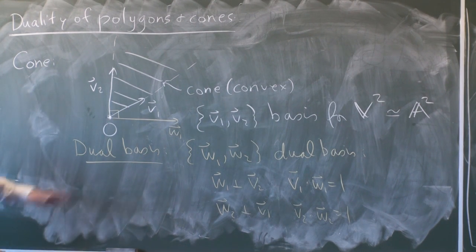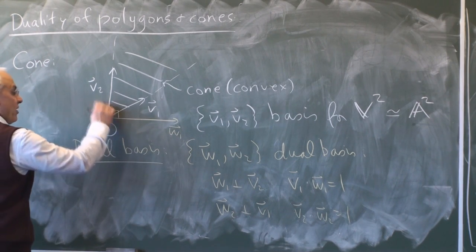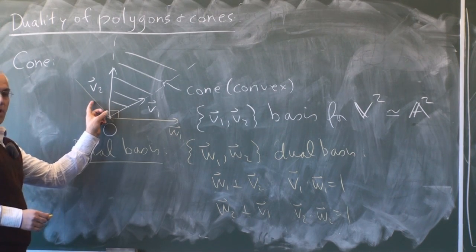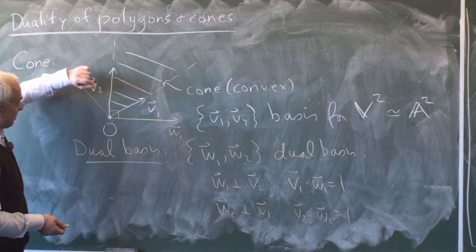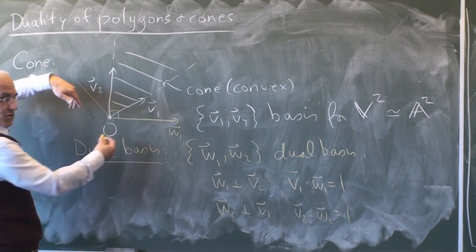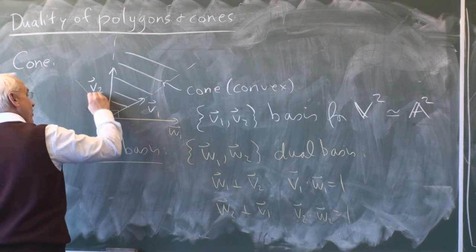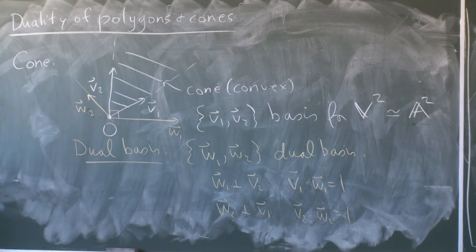And what about W2? Well, that's going to be perpendicular to V1, so it's going to be in this direction. But it's got to be in this direction because its dot product with V2 has got to be 1. Now, since V2 is a bit longer than V1, W2 to compensate has got to be a little bit shorter. So W2 might look like this. Okay.